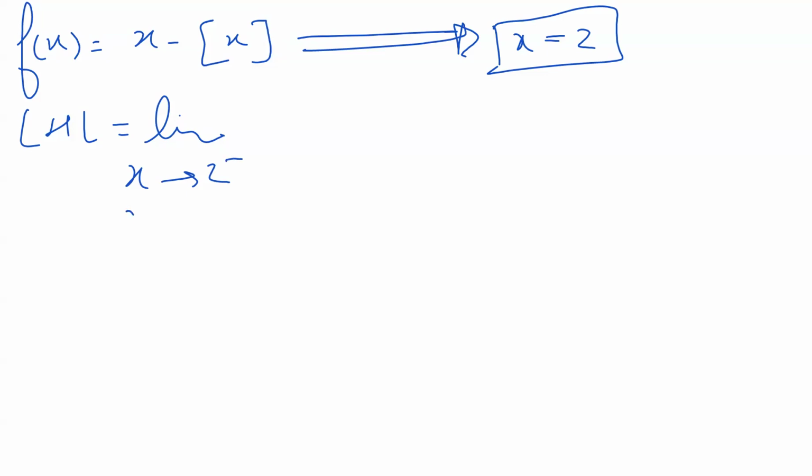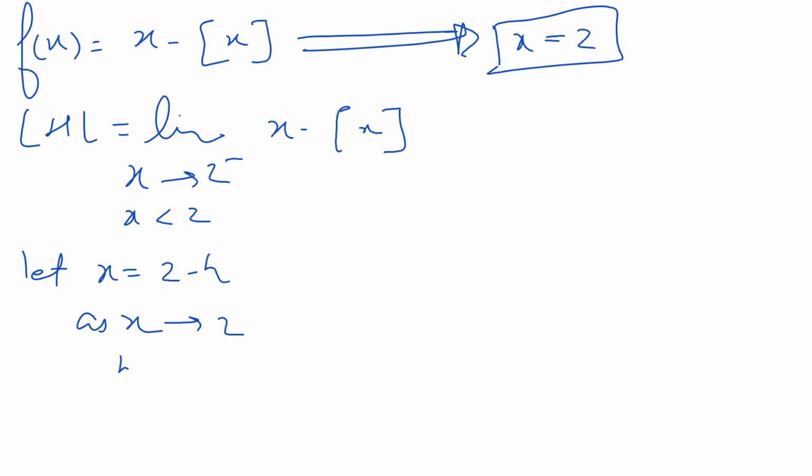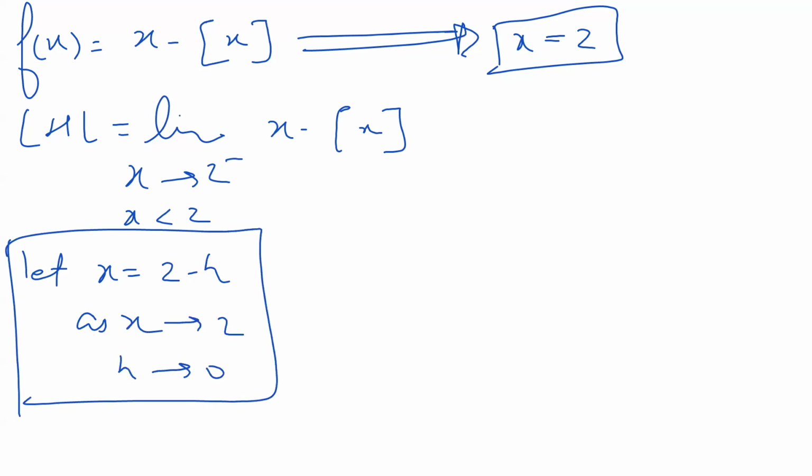You can do that. x less than 2. So x minus greatest integer function of x. So let x is equal to 2 minus h. As x approaches 2, h will approach 0. Now be very attentive. Limit h approaches 0, 2 minus h, box of 2 minus h.